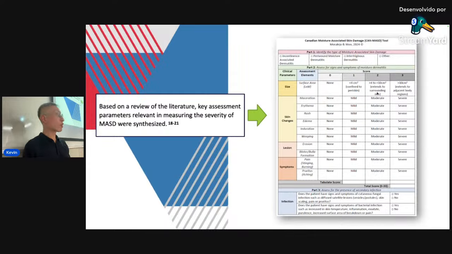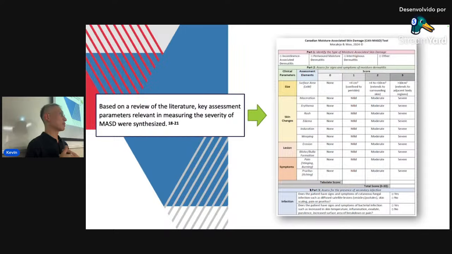We're going to describe the size of the area involved. There are skin changes: maceration, erythema, rash, edema, induration, and weeping. Then also skin breakdown, lesions, erosions versus blistering, and also patient symptoms, whether they experience pain or pruritus.